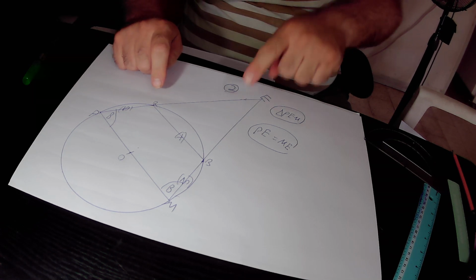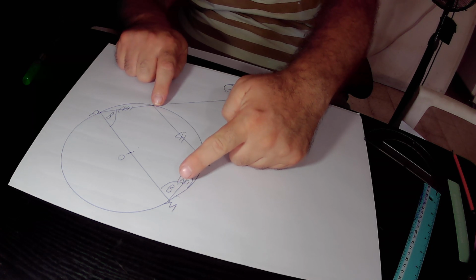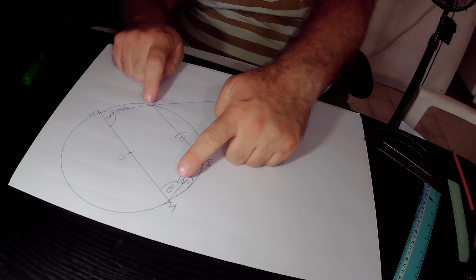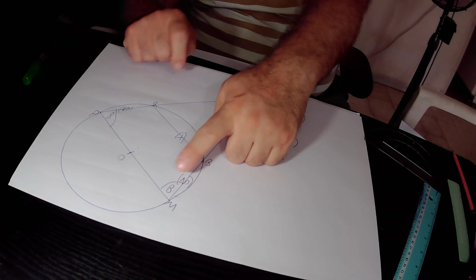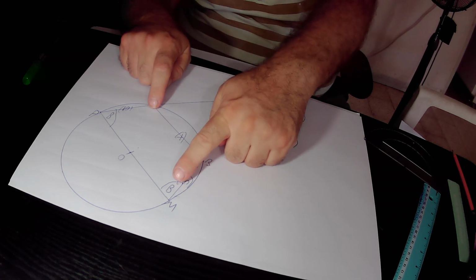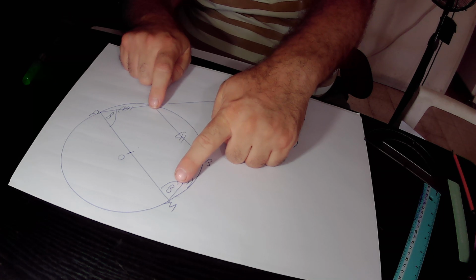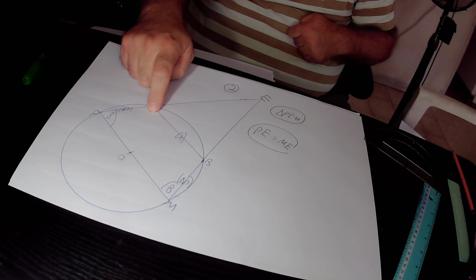Those are the two opposite angles of quadrilateral QBMP, so the sum of those two angles must be 180 degrees. This is angle beta plus the size of this missing angle. Therefore, this missing angle must be equal to 180 degrees minus beta.